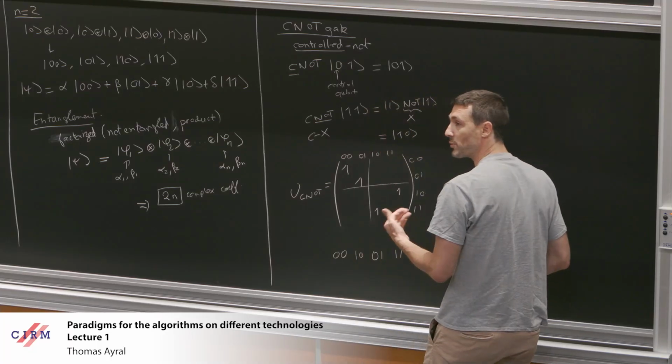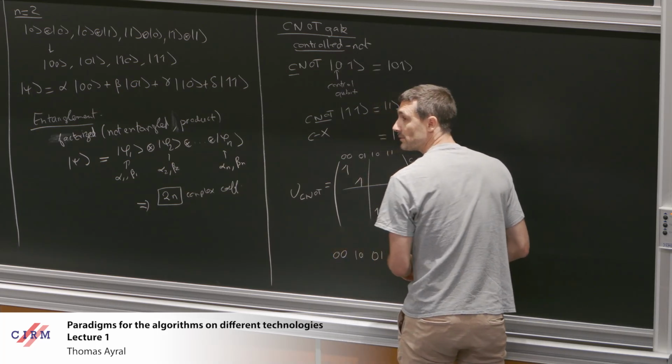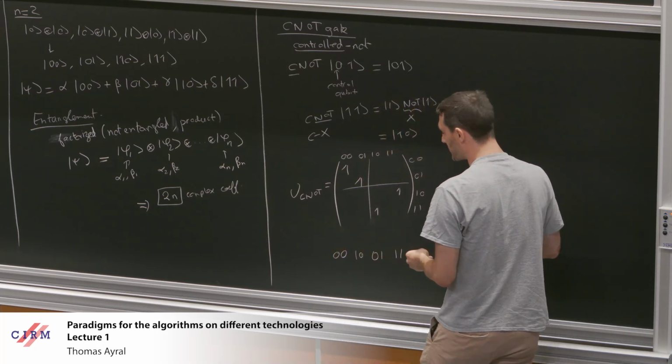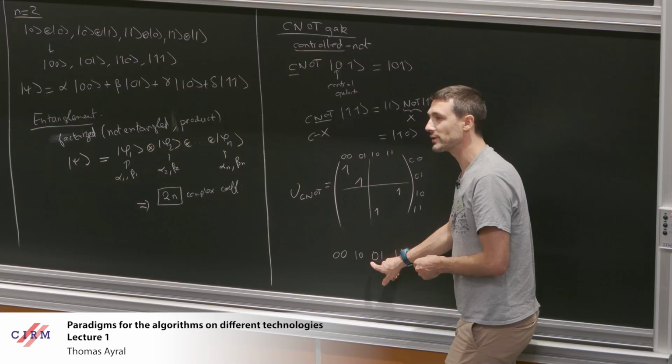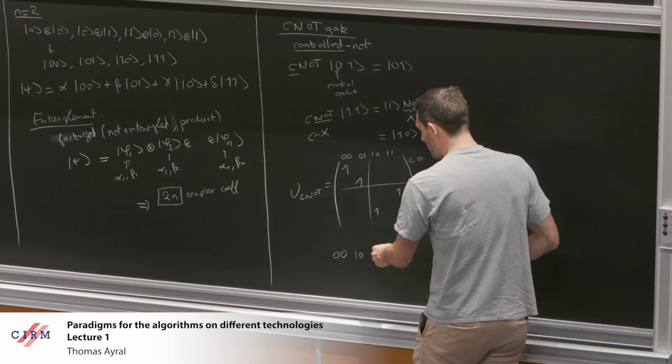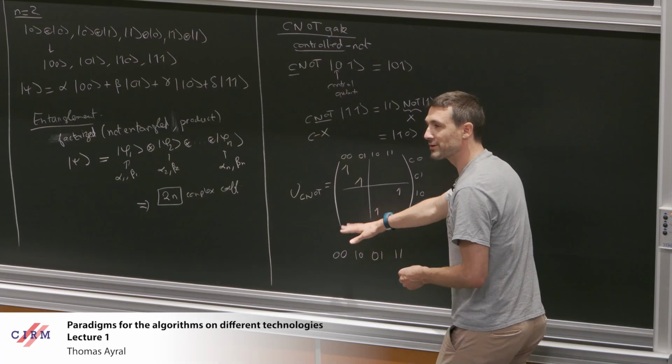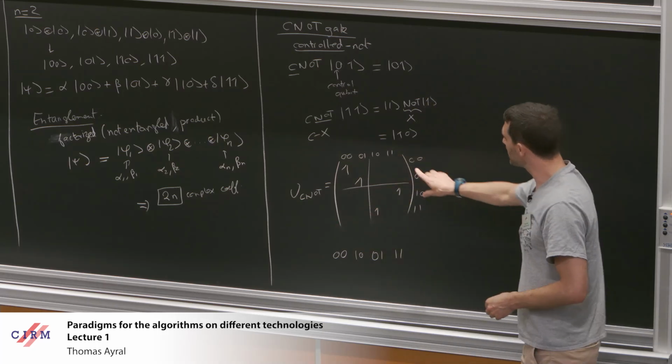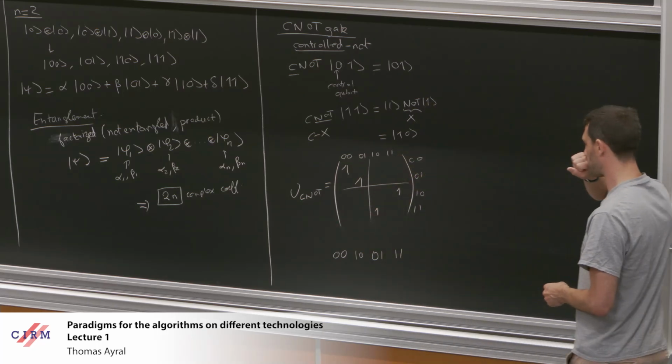But here I choose my most significant bit to be on the left, which is a usual convention. But as we will see when we tackle the Fourier transform, it plays an important role to have these in mind. I could also have used the gray code or whatever, but typically people use this here.